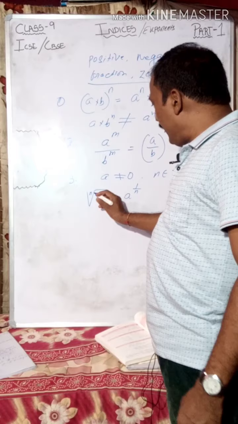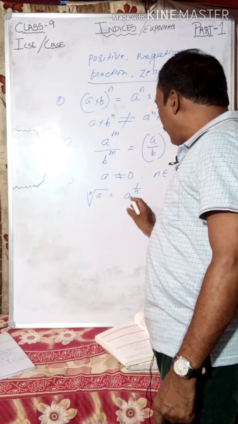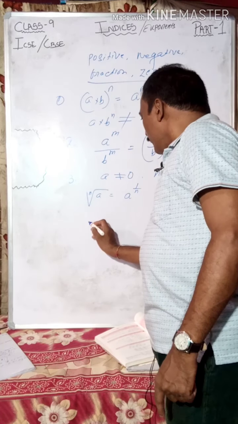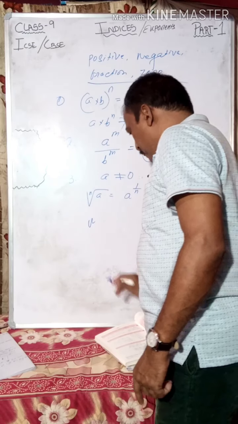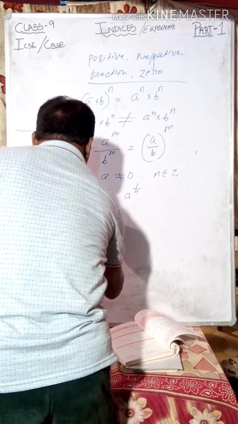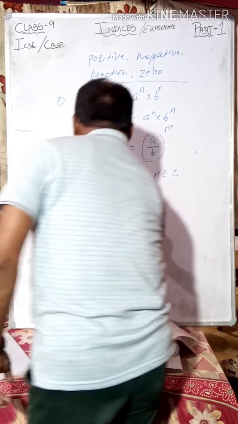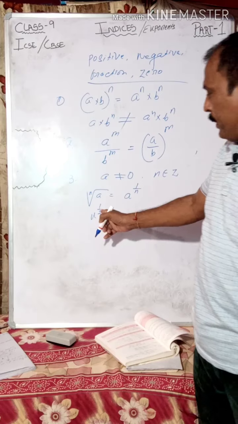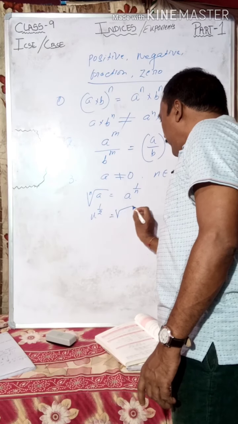Then the nth root of a is a^(1/n), or x^(1/2) is equal to the square root of x.